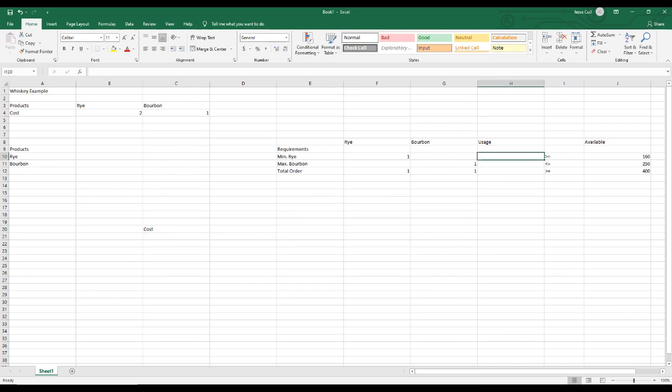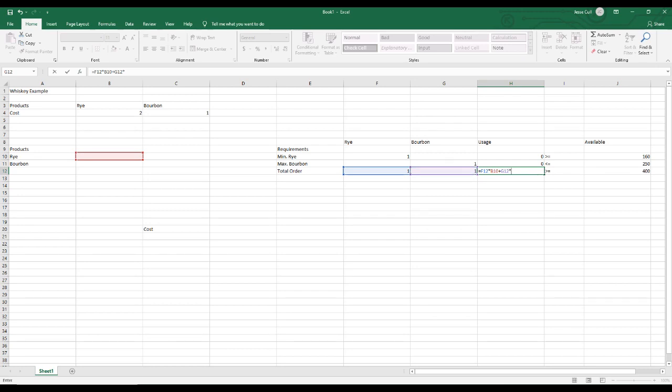So our usage of rye is equal to this times the amount of rye. Here we have 1 times our amount of bourbon. And our total order is this rye times rye plus bourbon times bourbon.